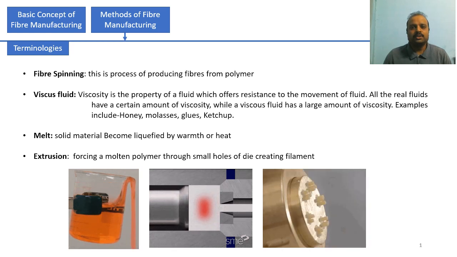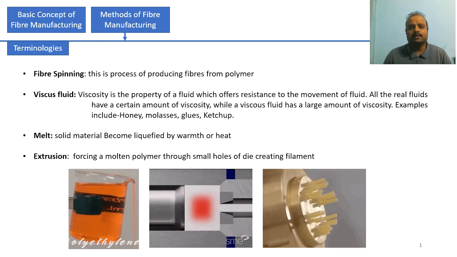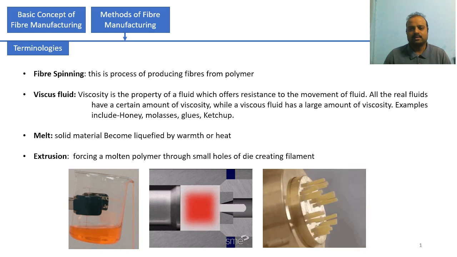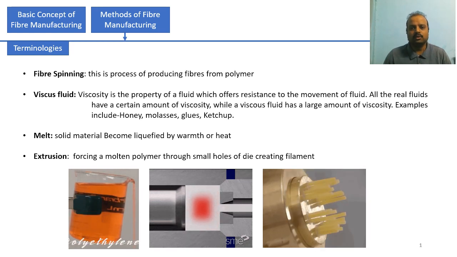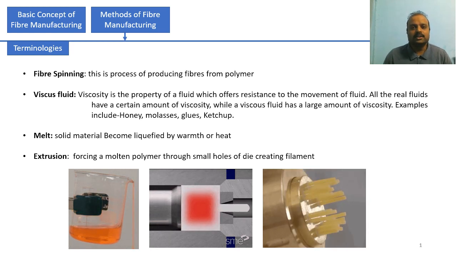A polymer, which is a thick liquid, when passed through a small hole, similar to the middle figure, then fibers are extruded, which is similar to the third figure. This figure shows the thick viscous liquid which, when forced through a small hole, takes the shape of the cross section of that hole, and filaments are extruded. This process is the extrusion process.